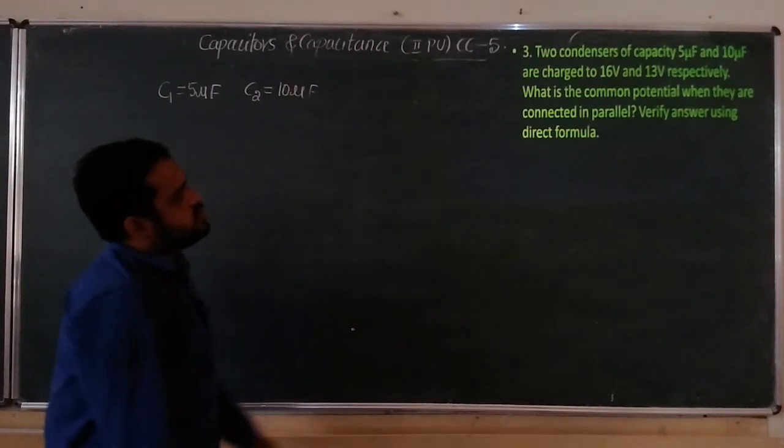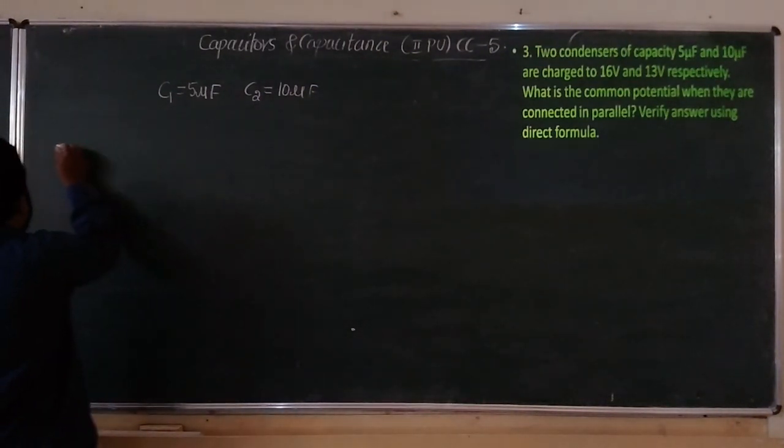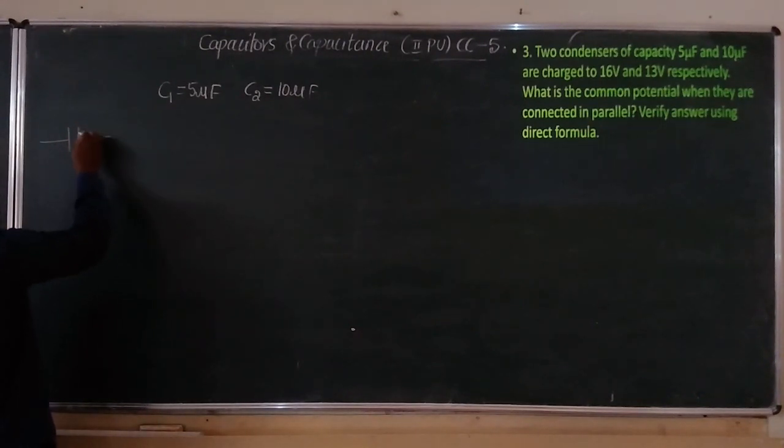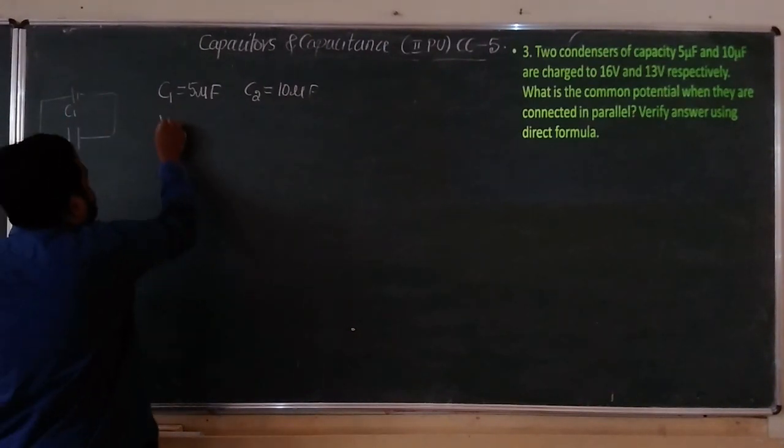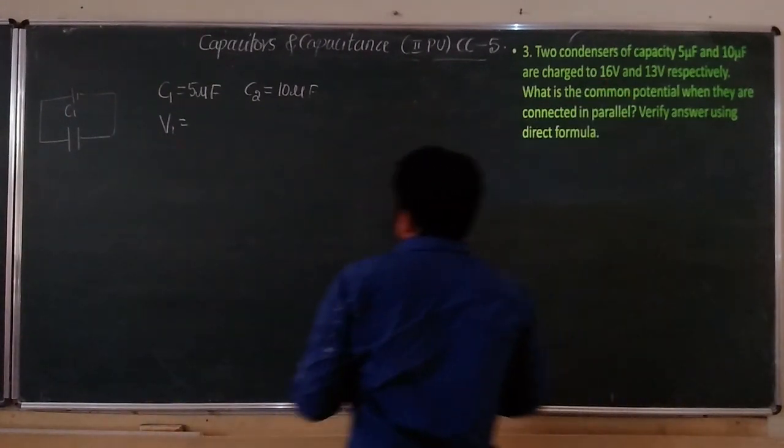Now given that these two capacitors are charged separately, first the capacitor 1 is connected to a battery with a potential difference V1 applied to the first capacitor of 16 volt.